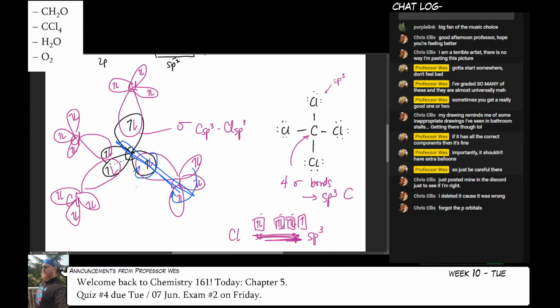It will still overlap. The overlap remains. And as a result, we can rotate it. Because remember, all we care about for bonding is that the orbitals overlap, right? Sigma bonds go along the internuclear axis, so you could spin them all you want.